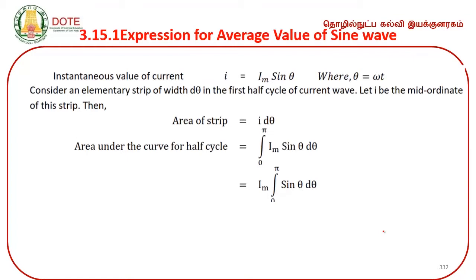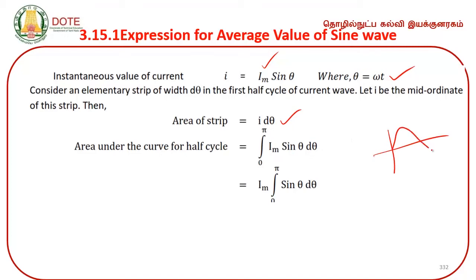We know that the instantaneous value of current is given by the expression i equals Im sin theta, where Im is the maximum or the peak value of the current. Consider an elementary strip of width d theta in the first half cycle of the current wave. Let i be the mid ordinate of the strip, then the area of the strip is given by i into d theta. Then the area under the curve for half cycle is found.